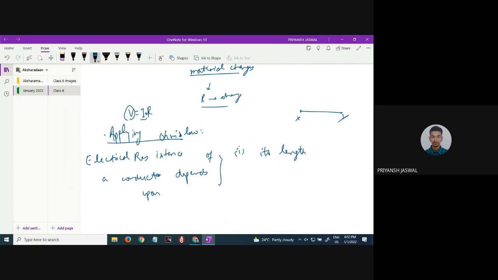We are not stating in what manner it depends, just that it depends upon its length. That is, for a longer wire, we saw that the current will be less as compared to the shorter wire.